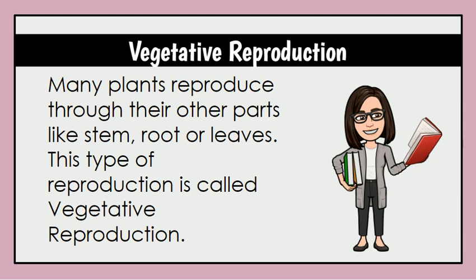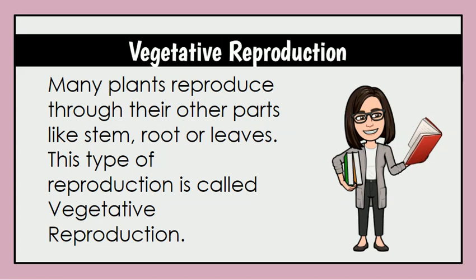Now, what do we mean by vegetative reproduction? In many plants, reproduction takes place through other parts of the plant, which can be stem, leaf, or root. These parts of the plant are known as vegetative parts of the plant.